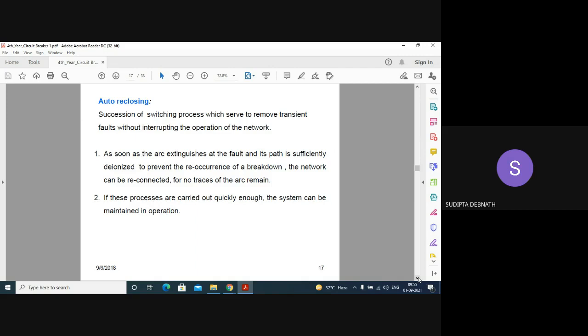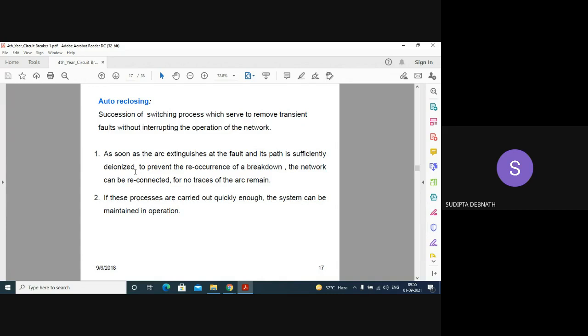As soon as the auto reclosing property is there for these faults of very short duration, and also as soon as the arc is extinguished and the path is sufficiently deionized. Why is it called deionized? Because I told you that it is not so simple that after the contacts are opened, all the current is zero.